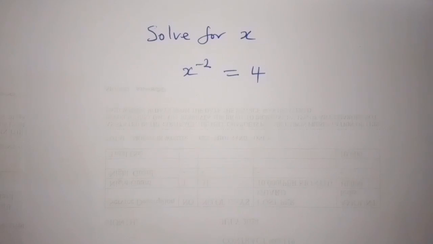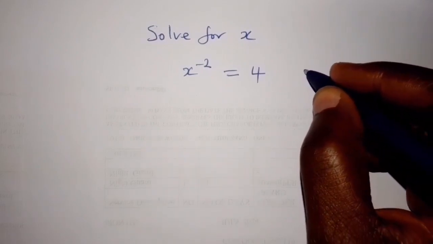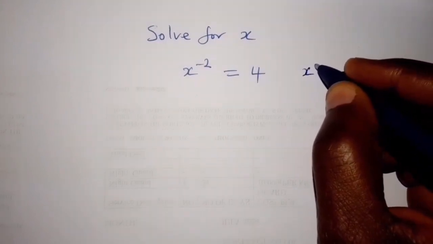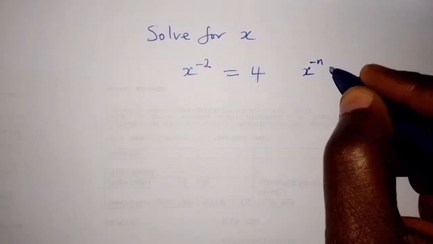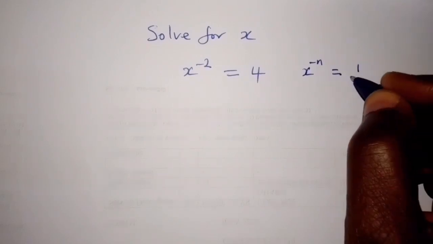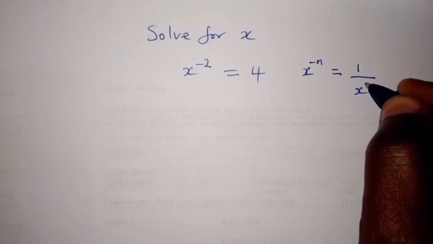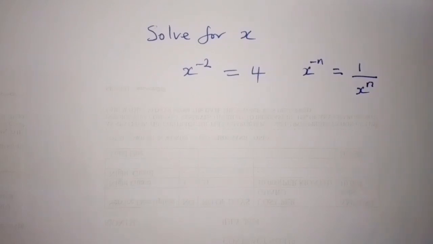Solve for x. X power negative 2 is equal to 4. We are going to use the rule x power negative n is equal to 1 over x power n.